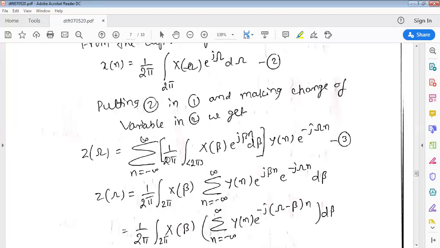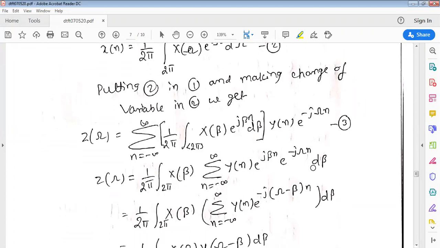Now 1 by 2 pi is constant, I'll take it outside, and X of beta over a period of beta I'll take outside. I'm interchanging the order of summation and integration and bringing this summation inside. So y of n e power j beta n into e power minus j omega n. Remember, d beta goes outside.